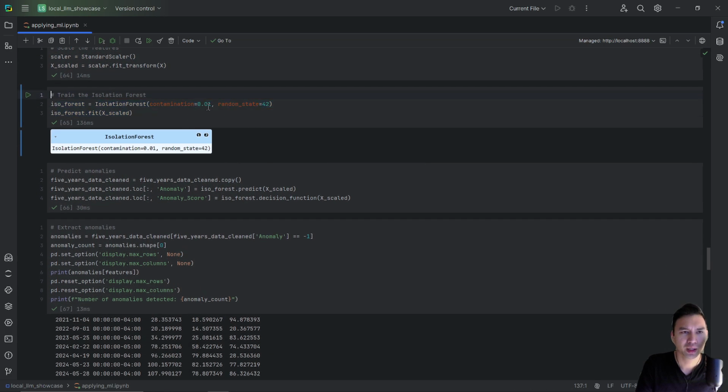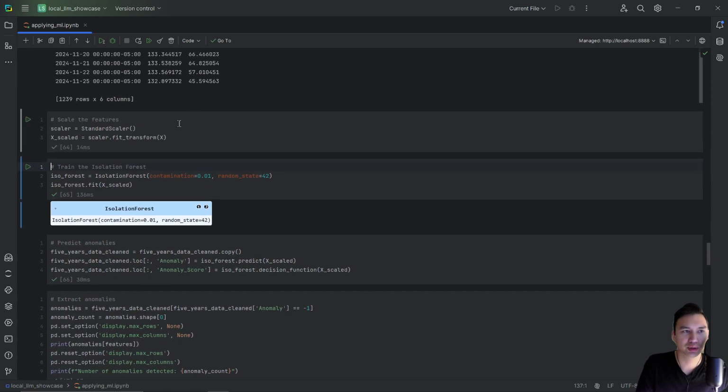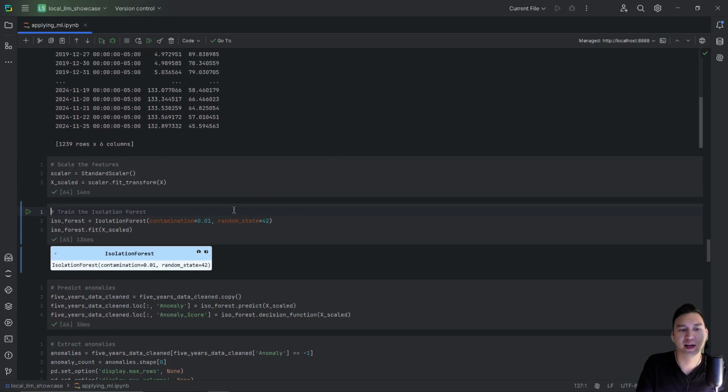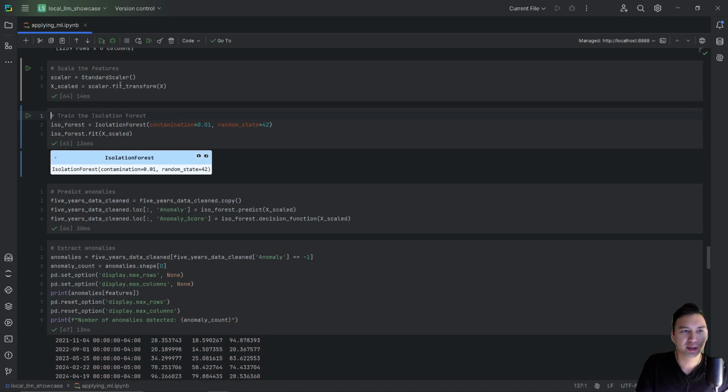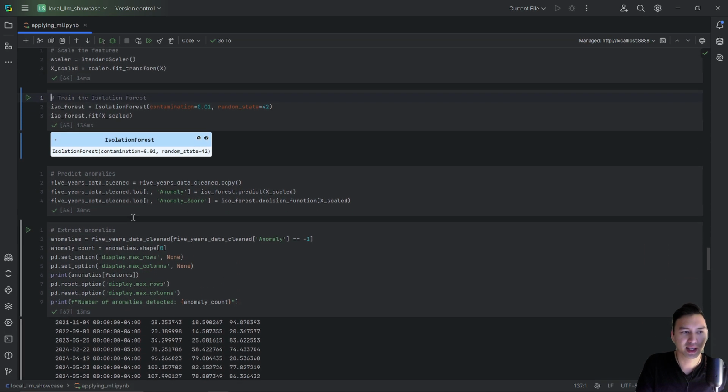So contamination 0.01, random state 42. 0.01 is just saying what percentage of the data set I expect to identify as anomalies, and then random state, you just keep that at 42.